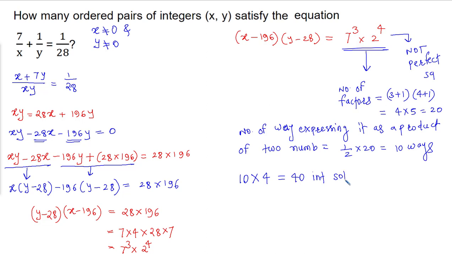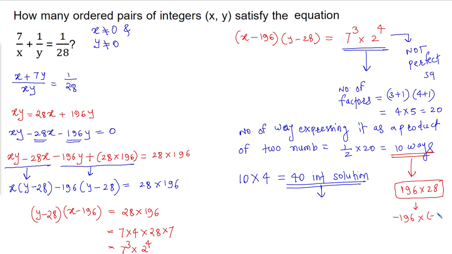But hold on. Out of these 40 integral solutions, one of the solutions comes from which combination? Out of these 10 ways, one of the ways is 196 into 28, and the one derived from this is minus 196 into minus 28.